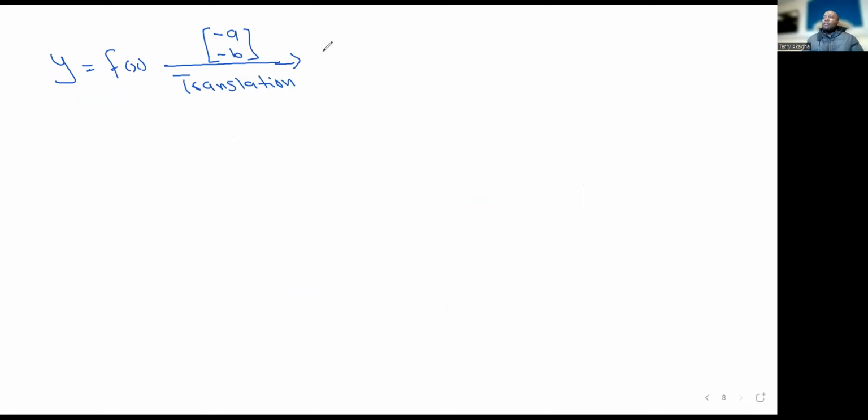So we're going to have y equals f of x minus the A in the bracket, which is negative, and the B in the bracket, which is also negative.